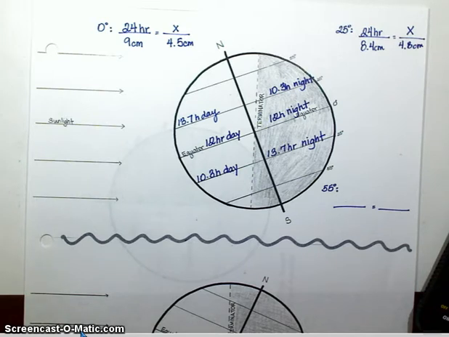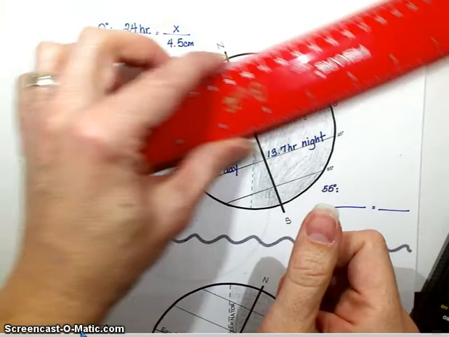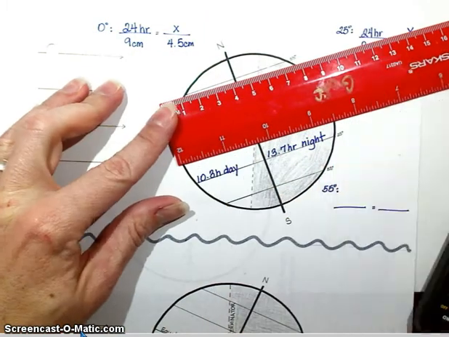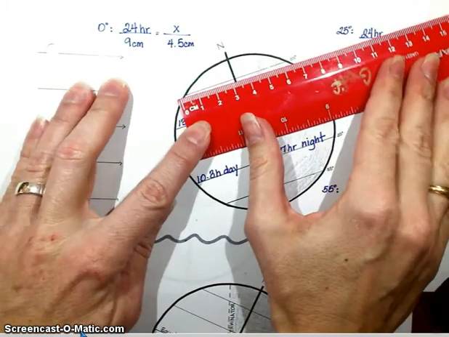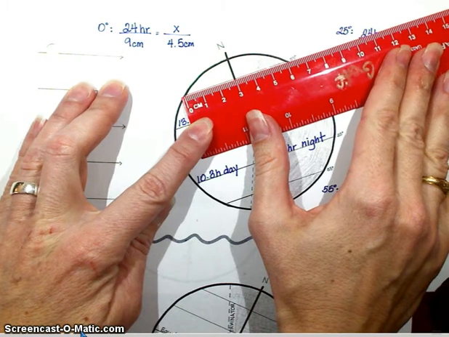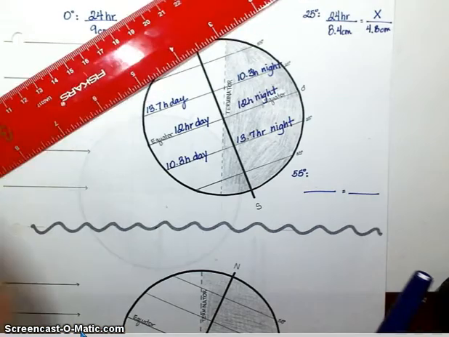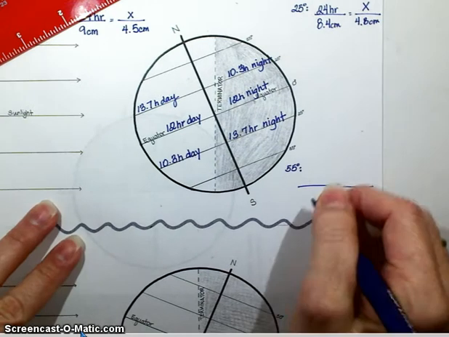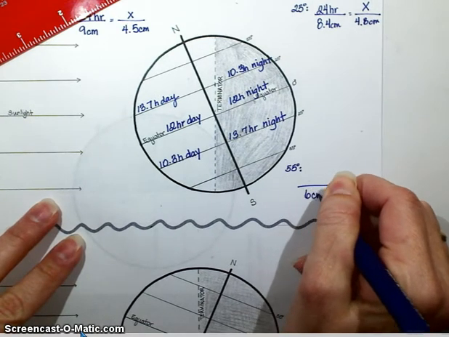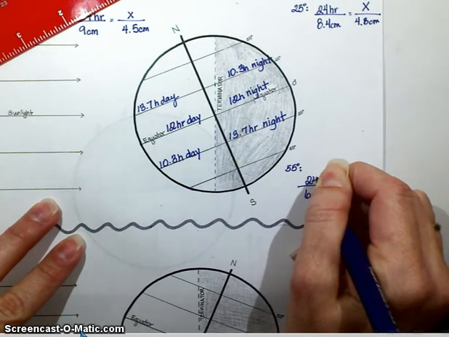Okay, so next we do our calculation for 55 degrees. I take my ruler and I get 6 centimeters. So down here for 55 degrees, 6 centimeters represents 24 hours.